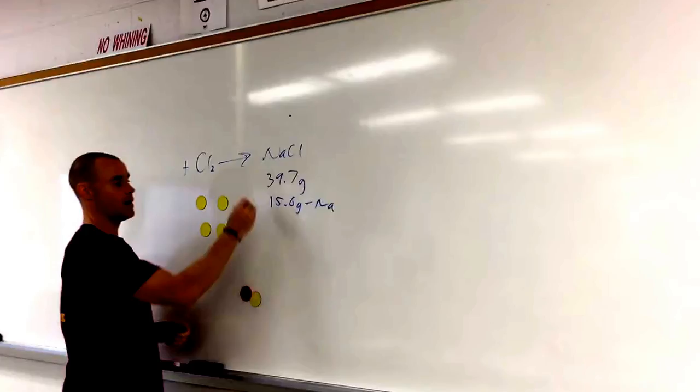Add up 2 H's and 1 O. It's 18, right? You got 2 H's, so that's 2 plus 16. This is 18 grams. That doesn't work. Breaks the law of conservation of mass. What's 2 plus 32? 34. Is 18 34? No. What's the problem?